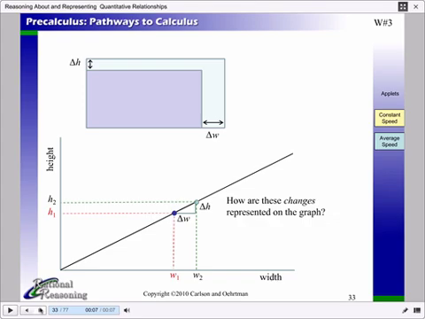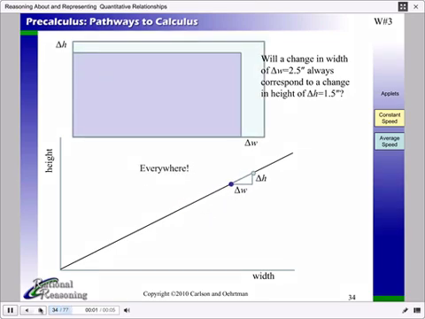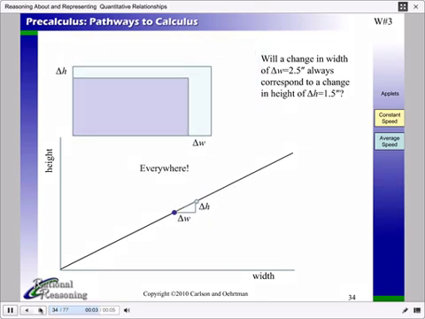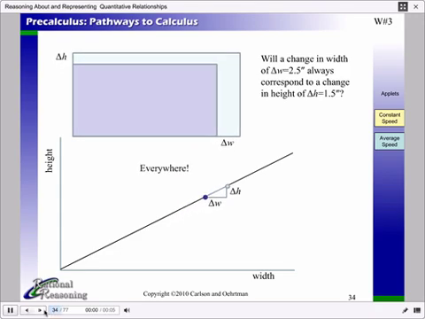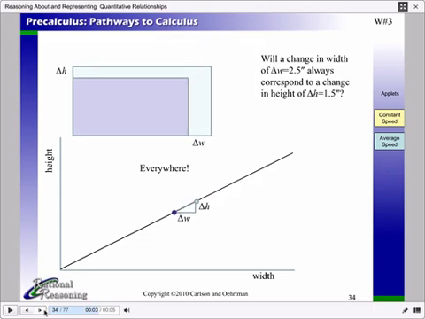So, will we always get a change of height of 1.5 for any change in W? Yes. See? Doesn't matter where you start. Doesn't matter at what photo you start at. If it's a line, if it's straight, every time you increase 2.5, you require a 1.5 increase in height.